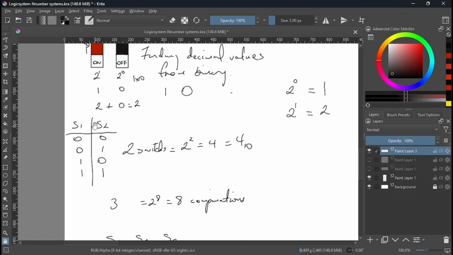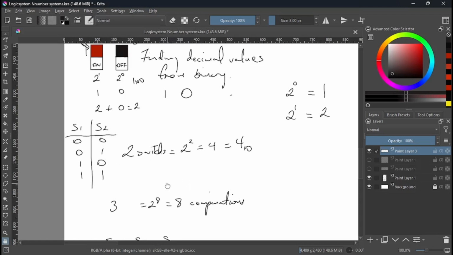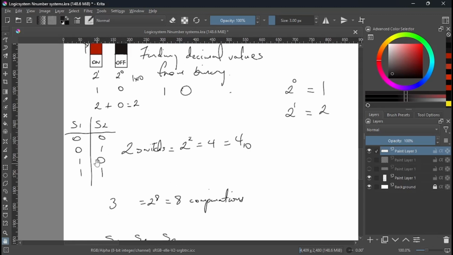Either way, the combinations will be 00, 01, 10 and 11. These two switches could only give you 4 combinations, so it doesn't matter where you label it.